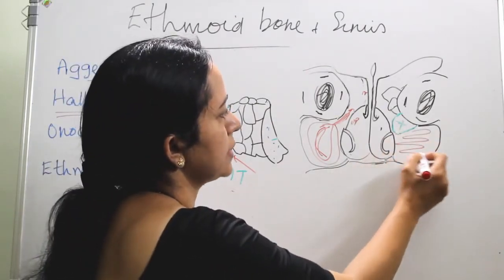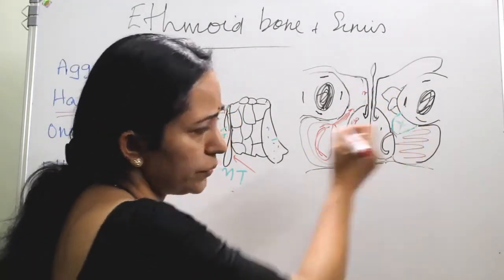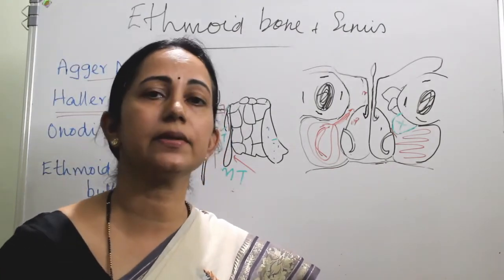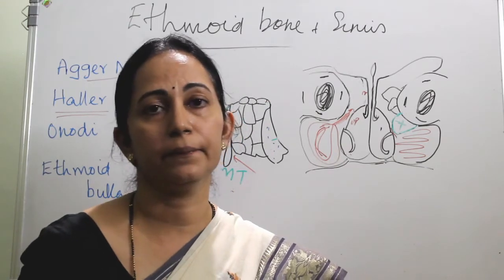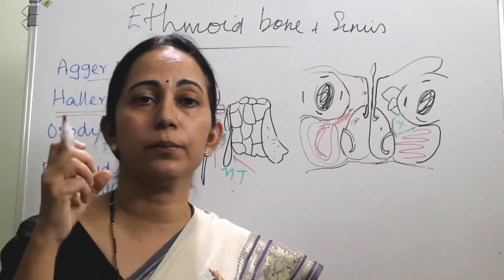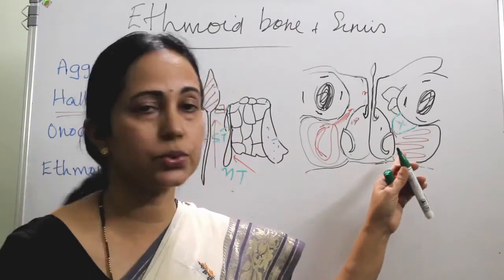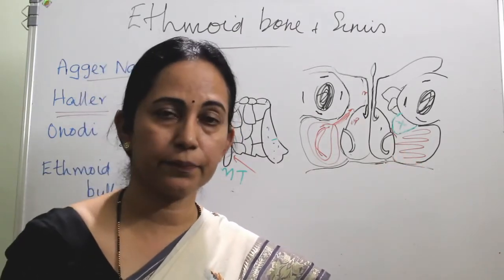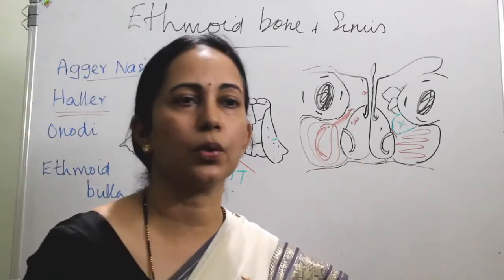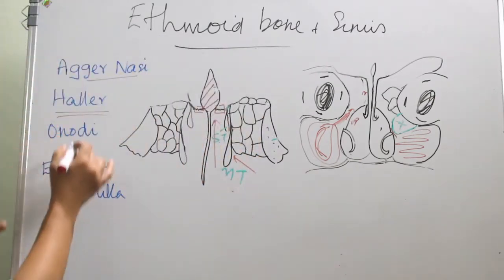So secretions cannot drain through the ethmoid infundibulum because of this Haller cell. So Haller cell is an extensively pneumatized anterior group air cell which pneumatizes towards the floor of the orbit, causing obstruction to the ethmoidal infundibular area and also the maxillary sinus drainage, causing recurrent maxillary sinusitis. Okay, that you will get in a coronal CT scan of the nose and paranasal sinus. So that is regarding the Haller cell.